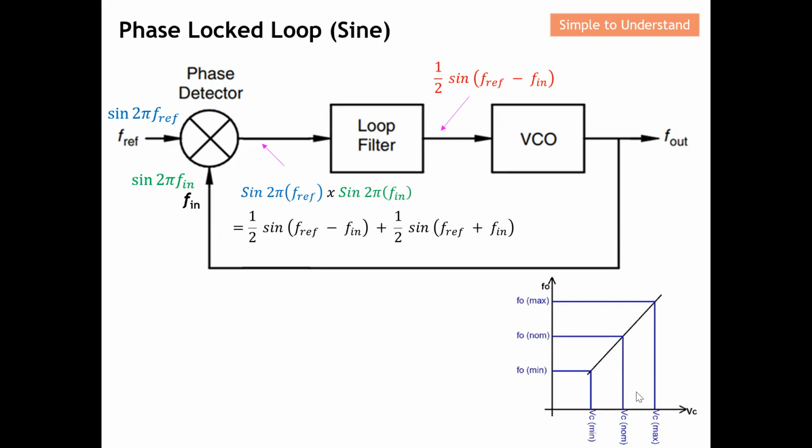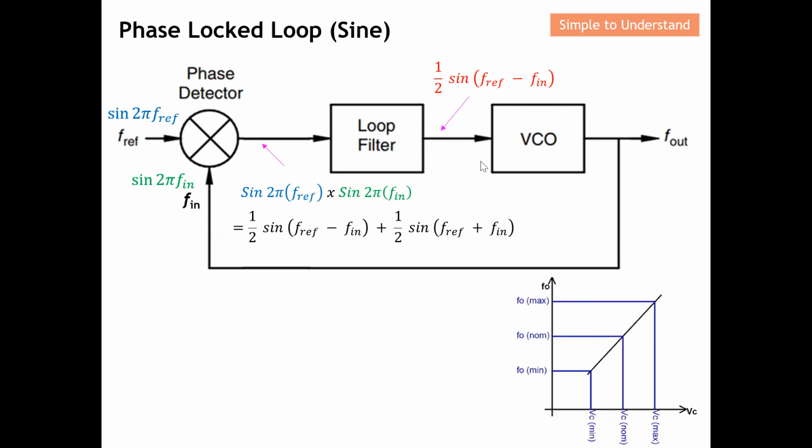Just imagine that this voltage is over here, indicating the phase difference between the two inputs. They will generate a higher frequency, which means this frequency increases. Since F reference is bigger than F in, I need to increase the frequency. This is done by the role of a VCO.